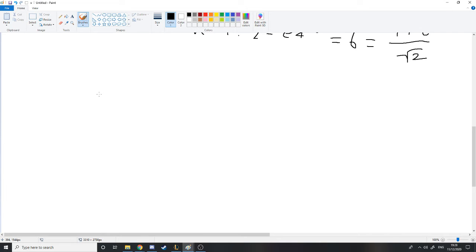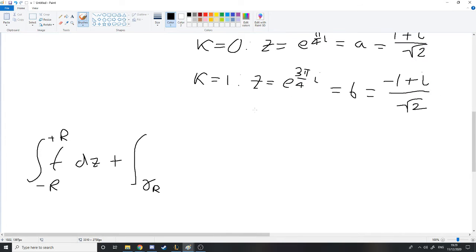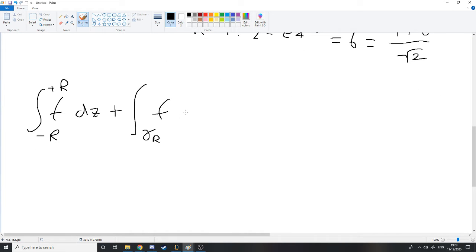Cauchy's integral formula tells us that the integral of f dz from minus r to r, remember these are limiting to infinity, plus the integral over gamma r, which we defined as this semicircle, of f dz, is equal to 2 pi i times the sum of the residues.